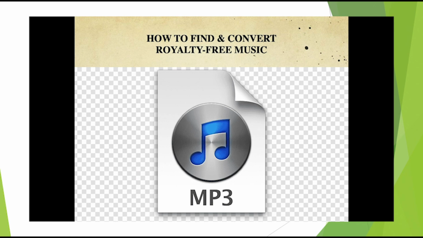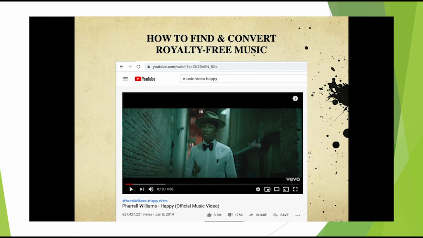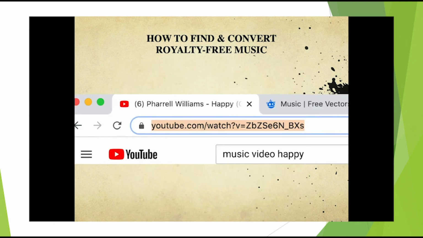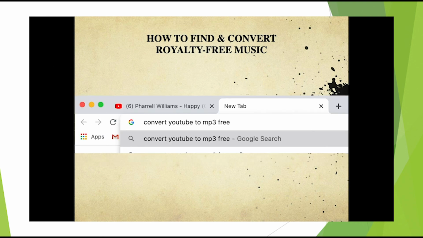I will show you now how to convert a YouTube video to an MP3 music file or an MP4 video file that you can use in your class projects. It's super easy, and knowing how to do this will come in handy. First, find the YouTube music video that you want to convert. Copy the URL. Search for a free conversion app.